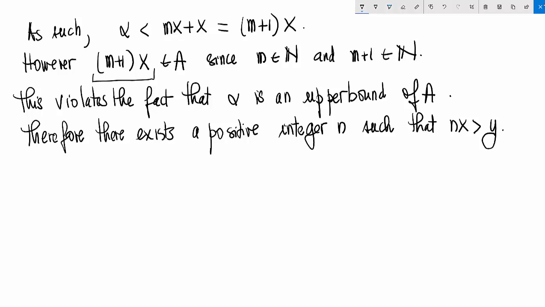Okay, and this is the end of the proof of the Archimedean property.